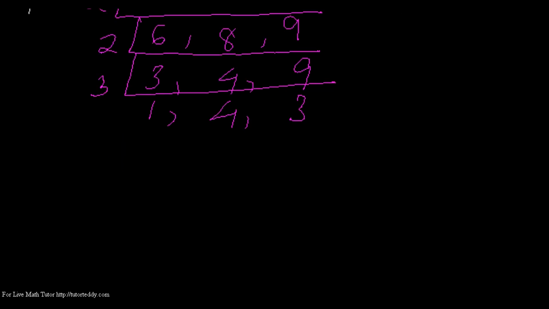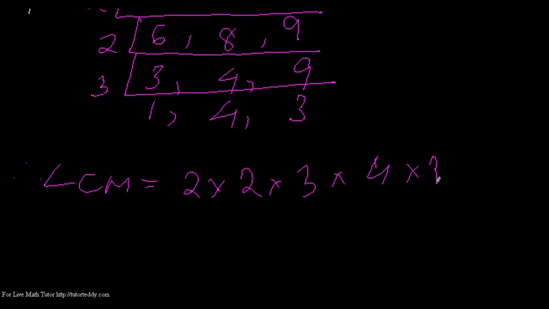Further I can't divide two numbers. So my LCM will be 2 into 2 into 3 into 4 into 3. 2 2s are 4, 4 3s are 12, 12 into 4 is 48, 48 into 3 is 144. So my LCM is 144.